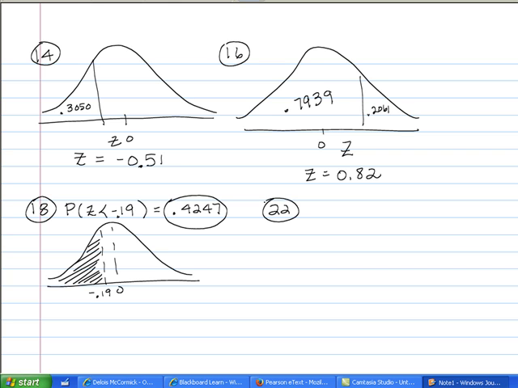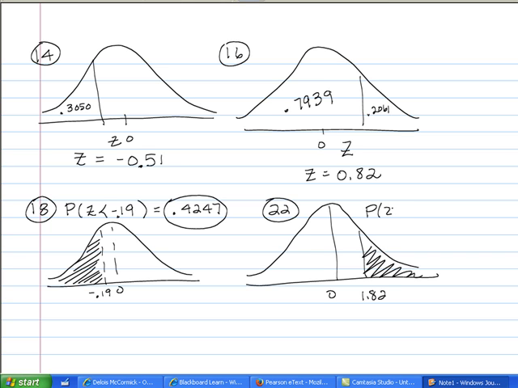Okay, I'm getting 0.9656. So I need to take 1 minus 0.9656. And I'm getting 0.0344.